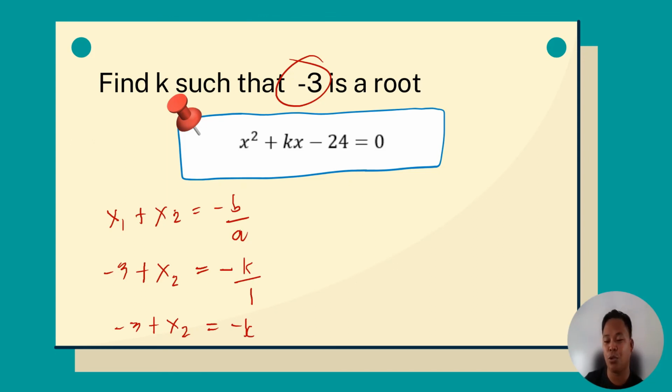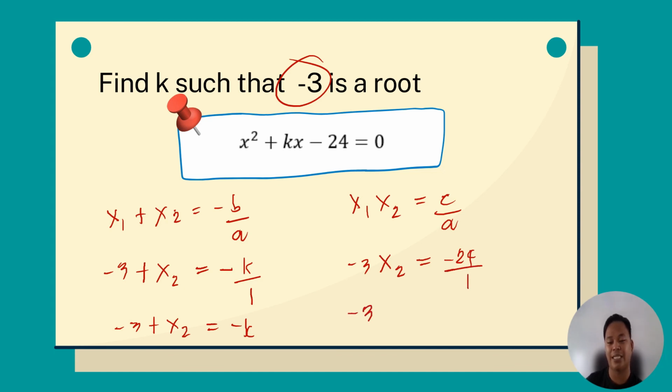And we're going to use the product rule, or the product of the roots. x sub 1 times x sub 2 is equal to c over a. x sub 1 is negative 3, x sub 2 is unknown, is equal to the value of c, which is negative 24, over the value of a, which is 1.